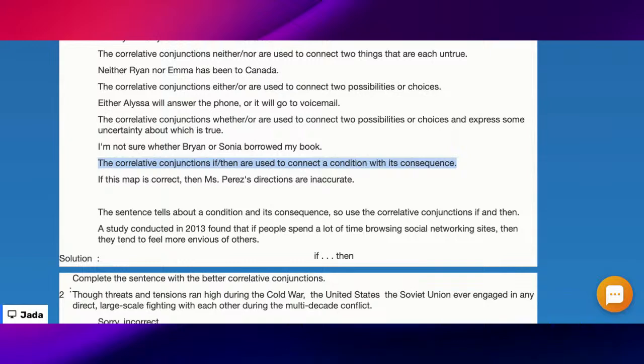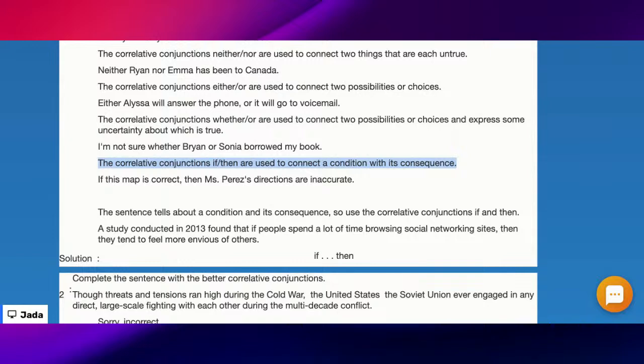It's just like saying, this will happen and then there's a result for it happening. So, if this map is correct, then Miss Perez's directions are inaccurate. So if it is correct, her directions are inaccurate.